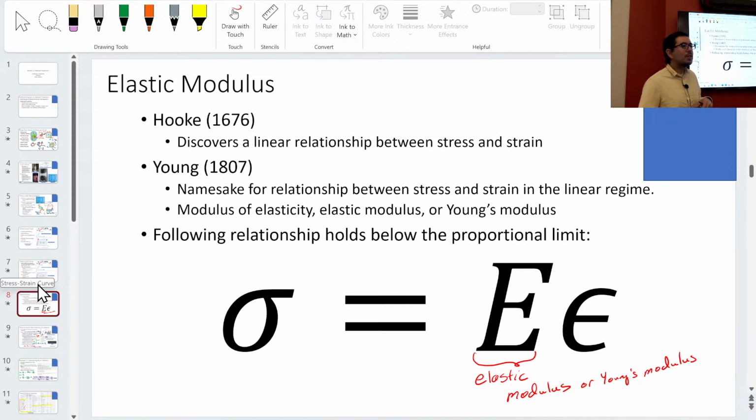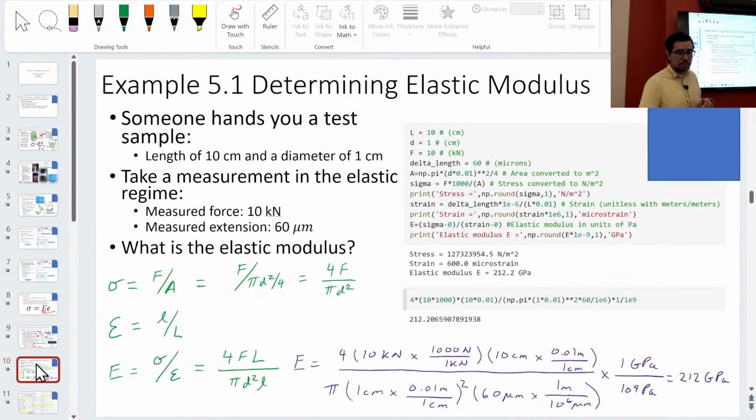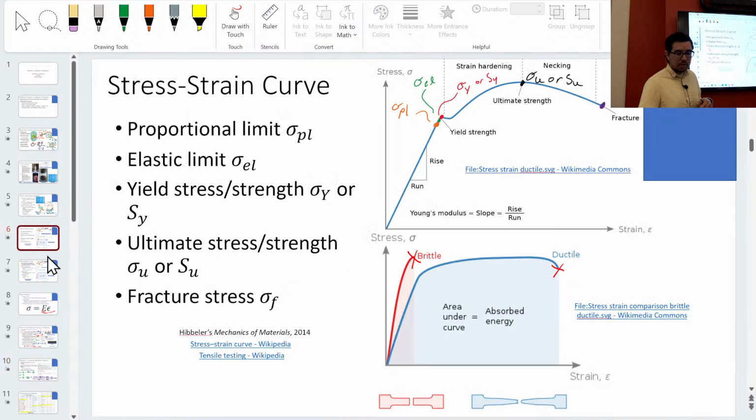Typically, we are designing for us to be in the elastic regime, right? We don't want to go above the proportional limit, or we don't want to go above, let's see, where is the graph? Yeah, this one, the yield strength. Okay, right here. Now, look, in practice, when you look at a material spec sheet, people are not going to say this is the proportional limit, this is the elastic limit, and this is the yield strength.